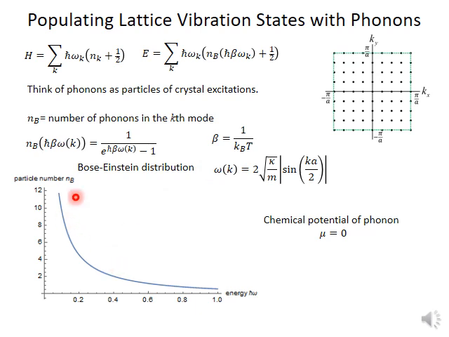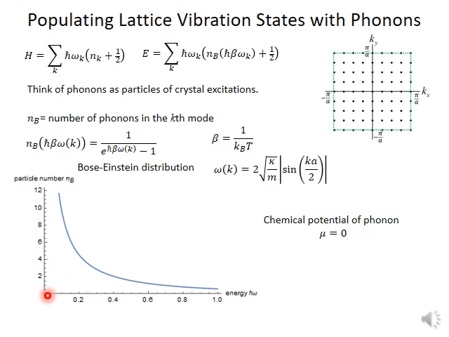If you plot this NB as a function of energy or as a function of the magnitude of k, it is something like this. It is an exponentially decaying function, but the important thing is that the number of bosons you can have in a certain state of a particular energy can be larger than 1. You can put more than one phonon in a system.